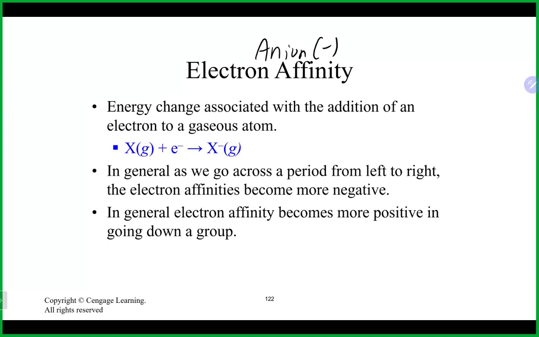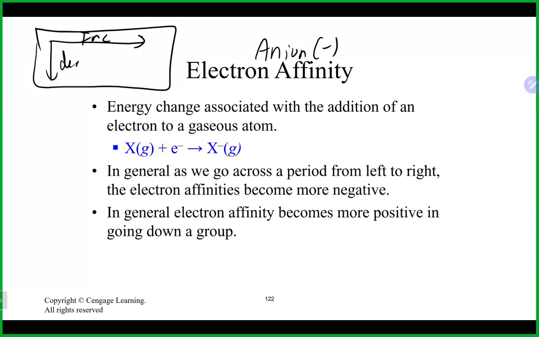It's really not a perfect trend, but the overall trend of electron affinity is that it increases as you go up and to the right, and decreases as you go down and to the left. It's not perfect. For example, if you looked at group 7, going from the bottom up it goes up, then drops back down, then goes back up in terms of the change. So it's not a perfect thing, but that's the general trend.